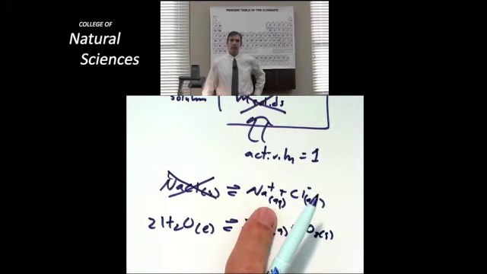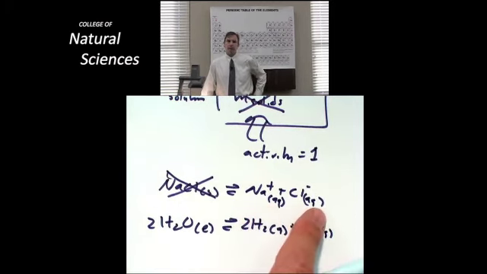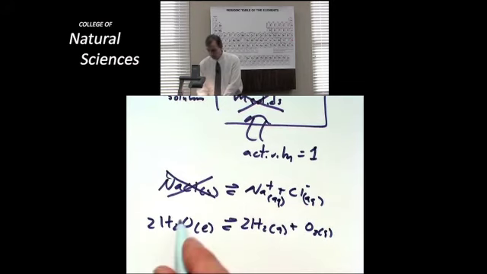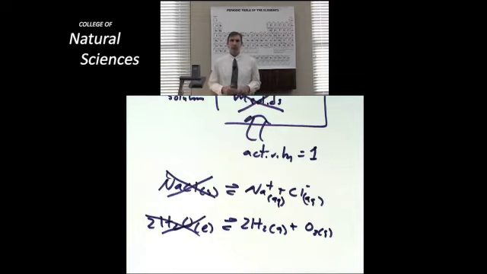So K equilibrium would just be the sodium ion concentration times the chloride concentration. And I would not include the neat water here. I would include the gases that change, so that K would be equal to the hydrogen gas concentration squared times the oxygen concentration. So it's important to keep this in mind when you're creating your equilibrium constants. And just basically, if you see a solid, ignore it. If you see a pure liquid, like water typically, you ignore it.